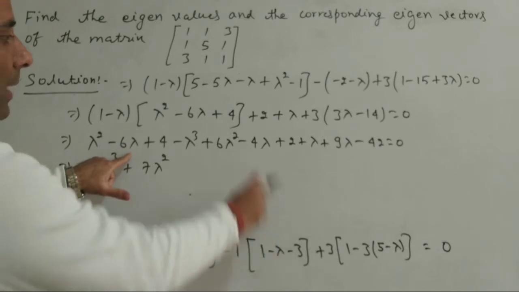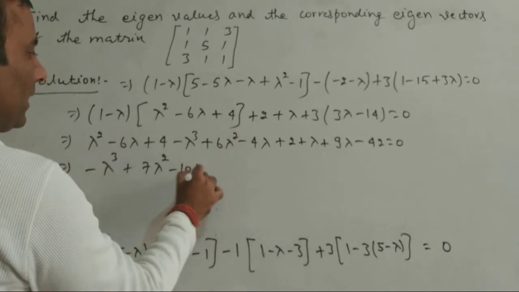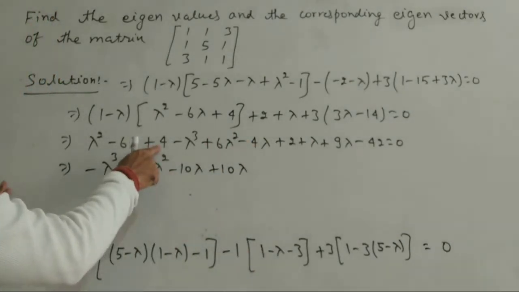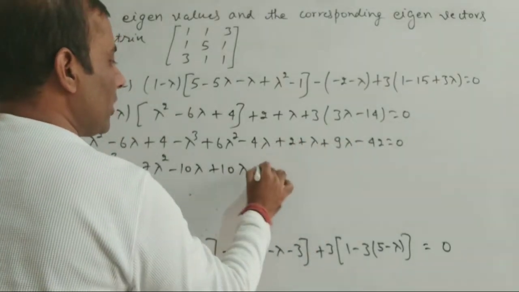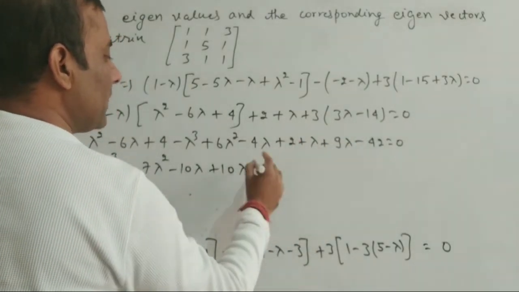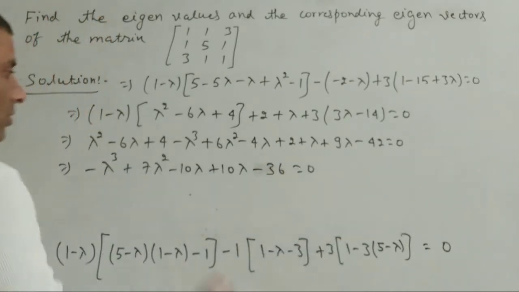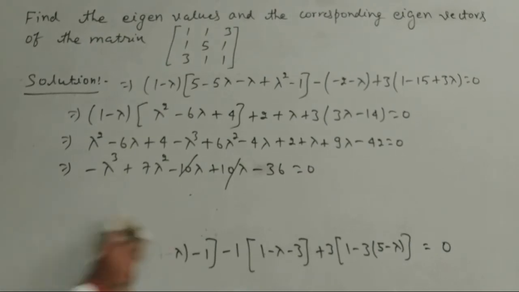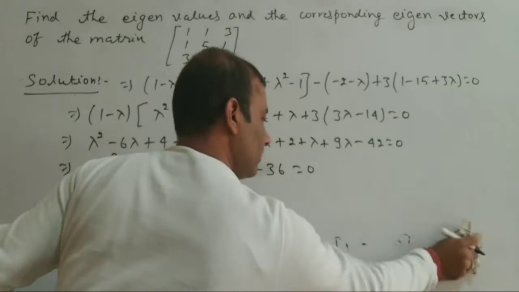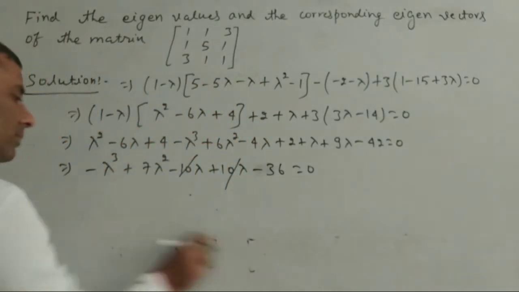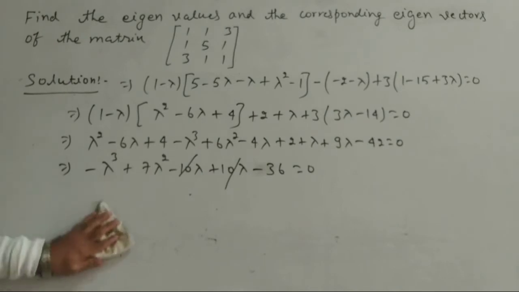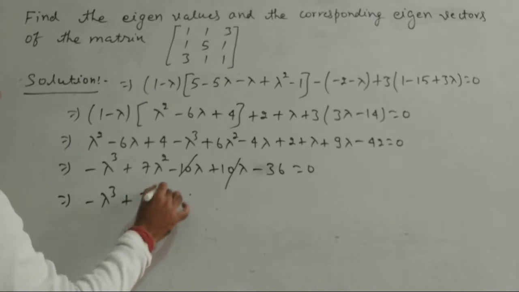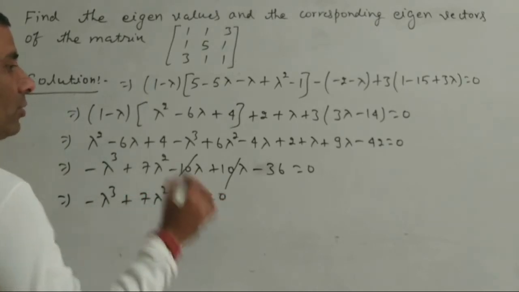Minus 6 lambda minus 4 lambda is minus 10 lambda, and lambda plus 9 lambda is plus 10 lambda. Constant terms: plus 4 plus 2 is 6, minus 42 is minus 36. Minus 10 lambda plus 10 lambda cancel, so it becomes minus lambda cube plus 7 lambda square minus 36 equals 0.